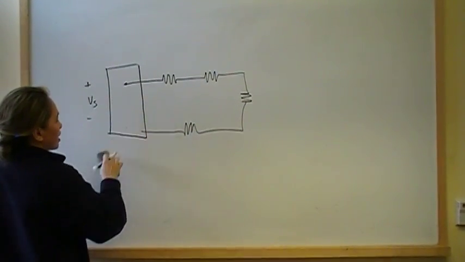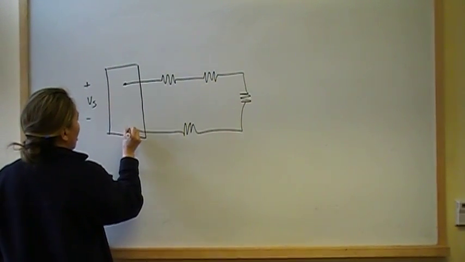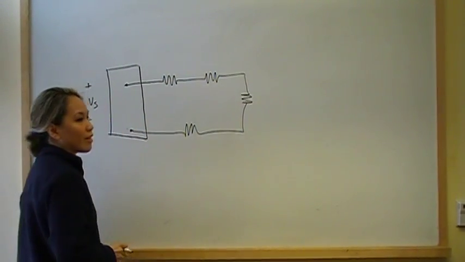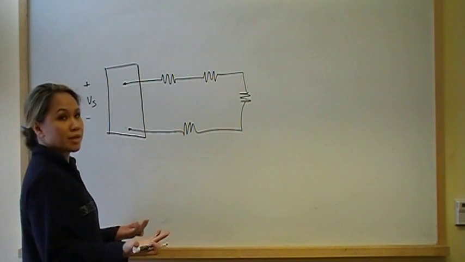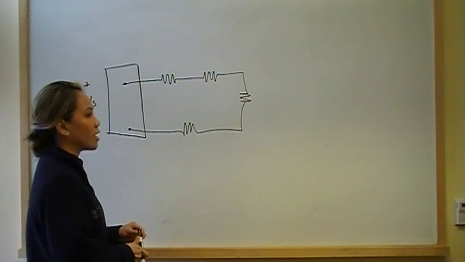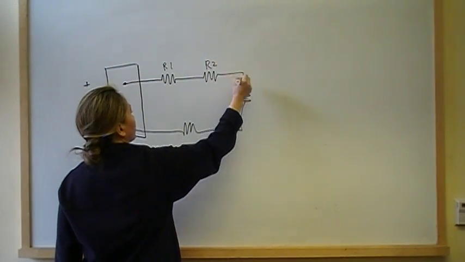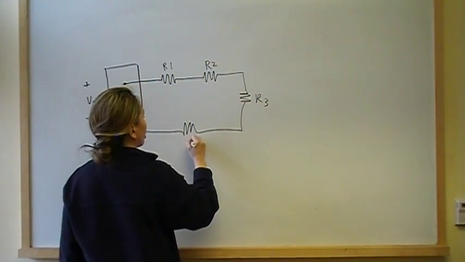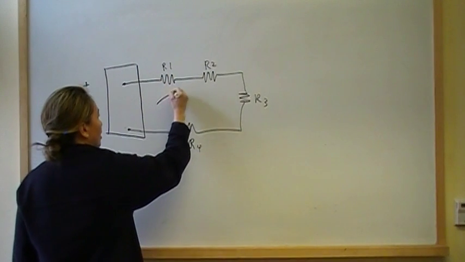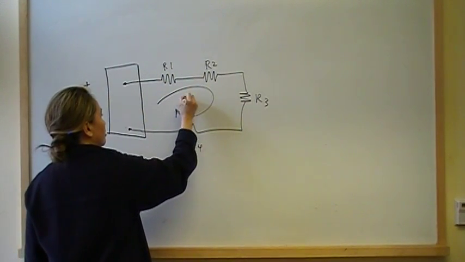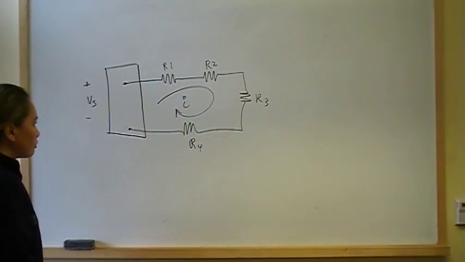It doesn't matter how many there are. I'll do it for a finite amount, and then the mathematics applies to n resistors because the argument doesn't change. So we have, in this case, R1, R2, R3, and R4. We know that they're connected in series, so there's only going to be one current going through there.